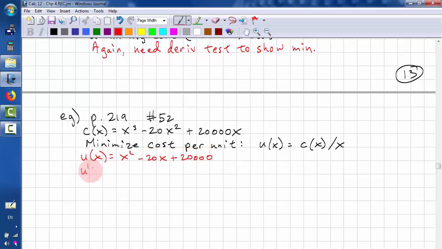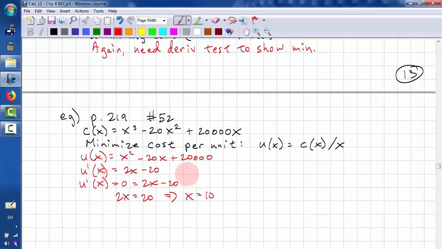Then the derivative of this is 2x minus 20. So we want U prime of x equal to 0. So 2x equals 20. So x equals 10.